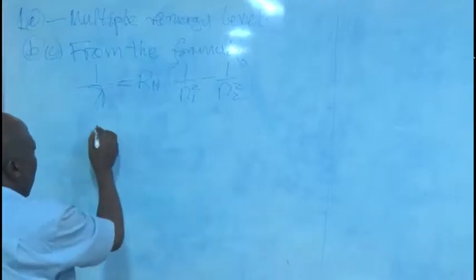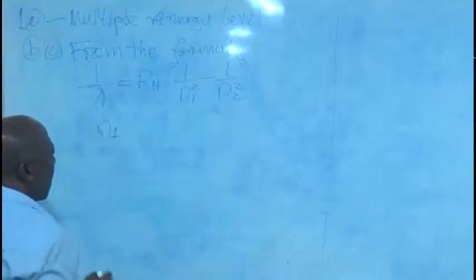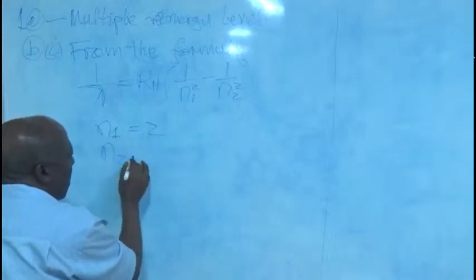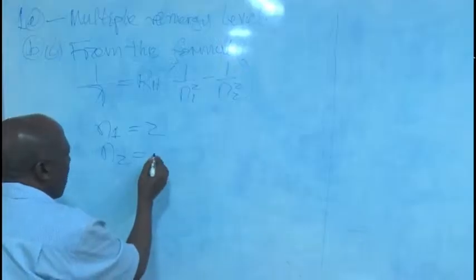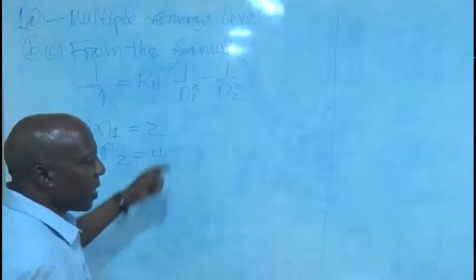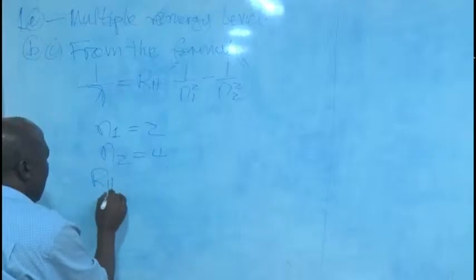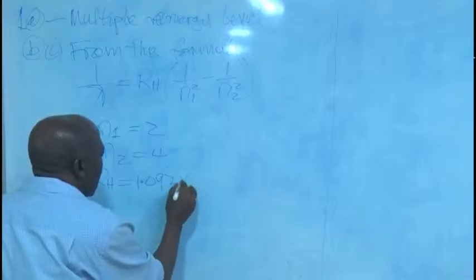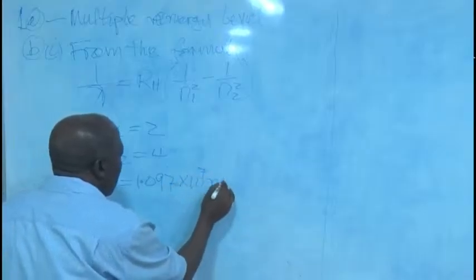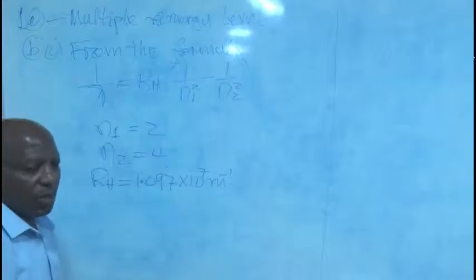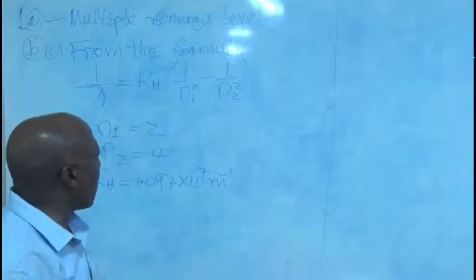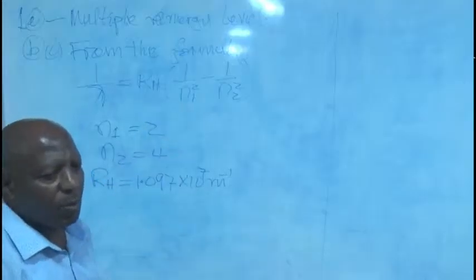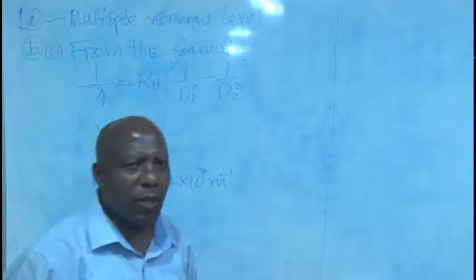Here n1 is the lower energy level, which is equal to 2, and n2 is the higher energy level, which is equal to 4. The Rydberg's constant RH is equal to 1.097 times 10 power 7 per meter.